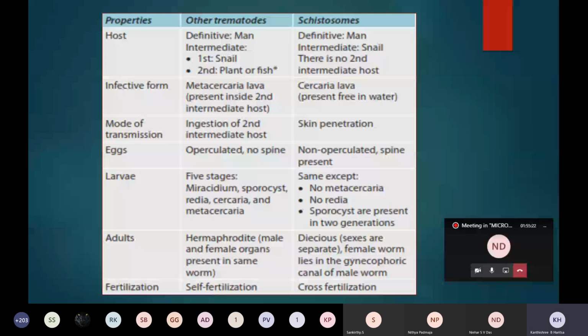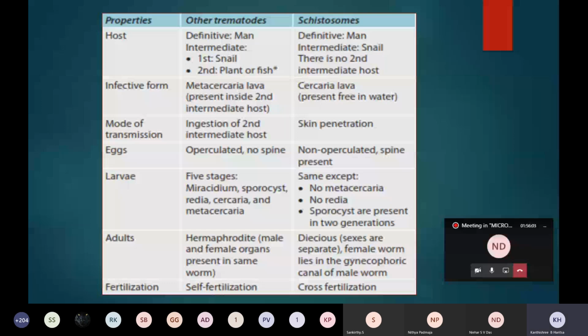Mode of transmission in other trematodes is by ingestion of the second intermediate host, that is plant, fish or crab. But in schistosomes, the transmission of infection is through skin penetration. Eggs are generally operculated and there is no spine in the trematodes, whereas in schistosomes the eggs are non-operculated and a spine is there.